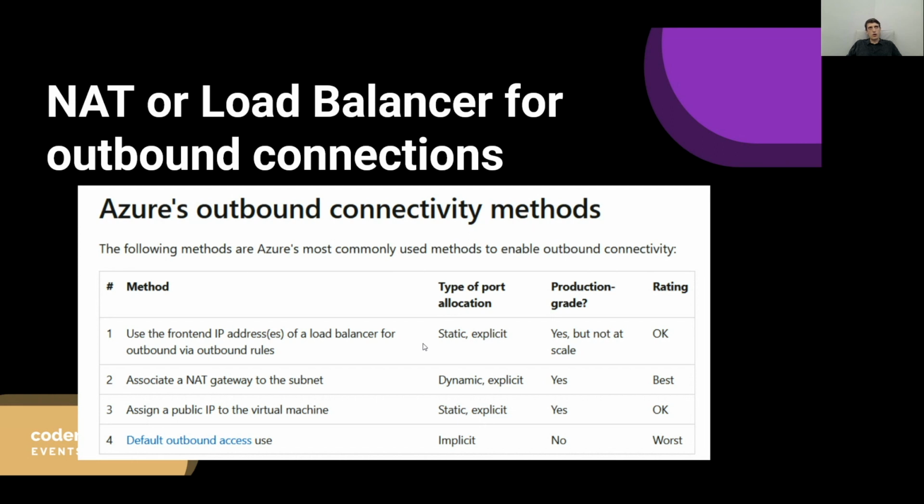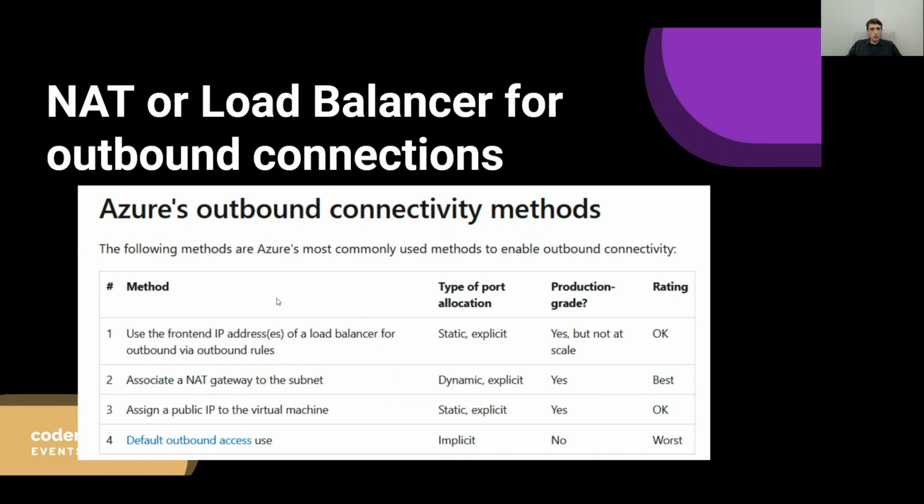Even if only one machine uses outbound connection and all other machines don't, the allocation would be static, and each of these virtual machines would get the same number of ports. In case of dynamic, it wouldn't be the case, and the allocation would be done according to actual consumption. So if you have a highly loaded cluster and a lot of ports go to the internet, maybe it can be useful to use NAT gateway, not a load balancer.